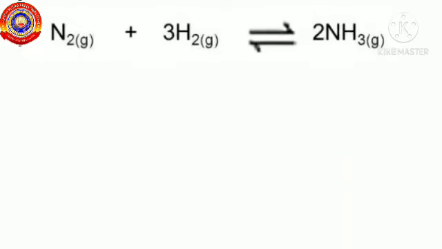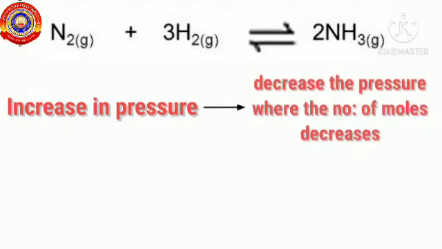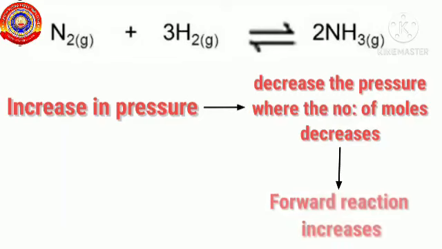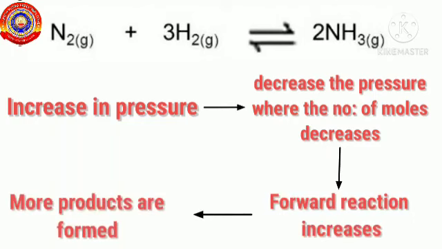According to Le Chatelier's principle, if the pressure of a system at equilibrium is increased, the system will shift the equilibrium towards the direction where the pressure decreases. Here the pressure decreases in the direction where the number of moles decreases. As a result, the forward reaction increases and more products are formed. So, did you understand? Let's move on to the third question.